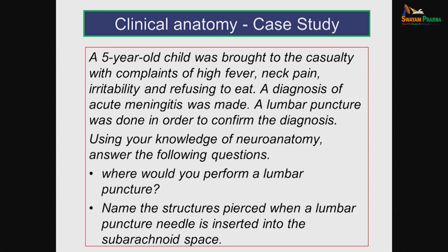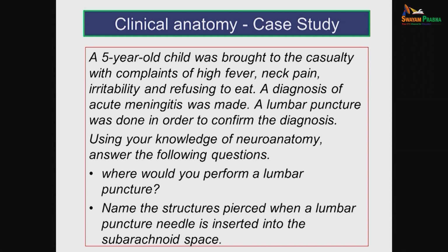Let us start this lecture with a clinical anatomy case study. A 5-year-old child was brought to the casualty with the complaints of high fever, neck pain, irritability and refusing to eat. A diagnosis of acute meningitis was made. A lumbar puncture was done in order to confirm the diagnosis.